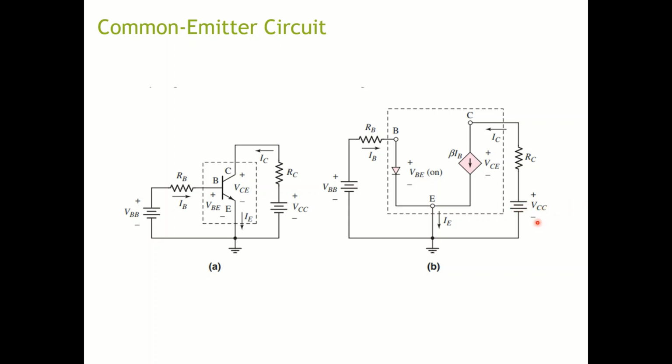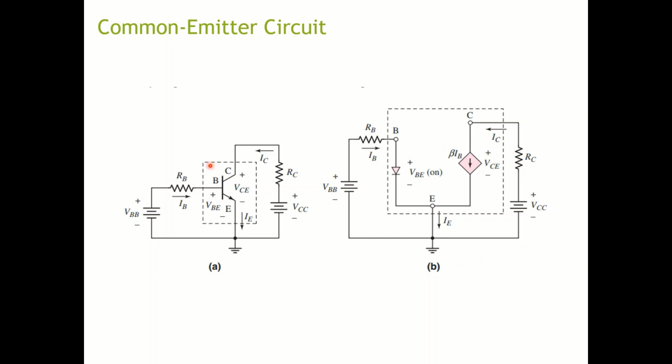Figure A here shows a common emitter circuit with an NPN transistor. So this diagram is NPN. You can see the current flows out to the emitter side. And B is the DC equivalent of this circuit.